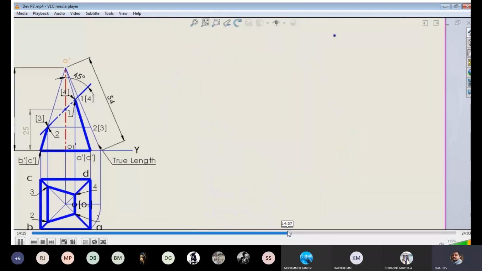Next, you have to do development. For development, you have to consider any point, arbitrarily, by leaving convenient space to develop on the drawing sheet.